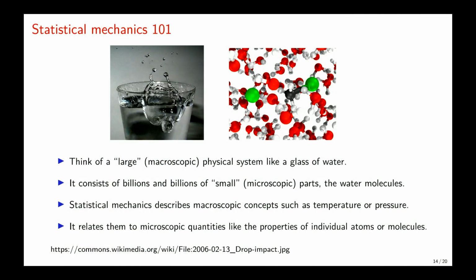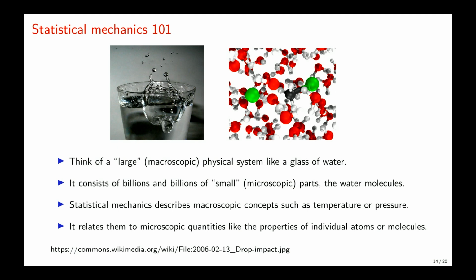And if you think you don't know statistical mechanics, well, you actually do. Because what it really is, in its essence, is how we can understand the properties of a large-scale or macroscopic system in terms of its constituent microscopic parts. So think, for example, of a glass of water, and everybody knows water. We have water everywhere in our life, so that's easy. Macroscopically, it's a liquid, and it's completely continuous.